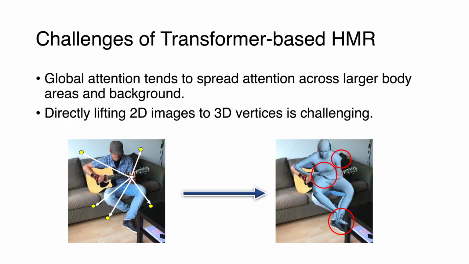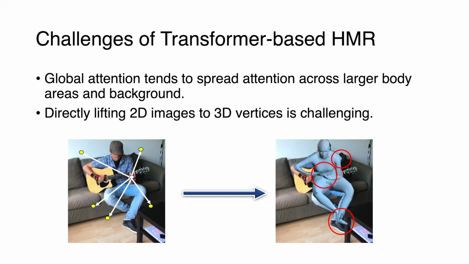Recently, transformer-based HMR methods have achieved significant performance due to the power in modeling long-range dependencies. However, there are two challenges in these methods. Firstly, the global attention in transformer architectures tends to prioritize holistic relationships rather than focusing on local regions such as specific body joints.